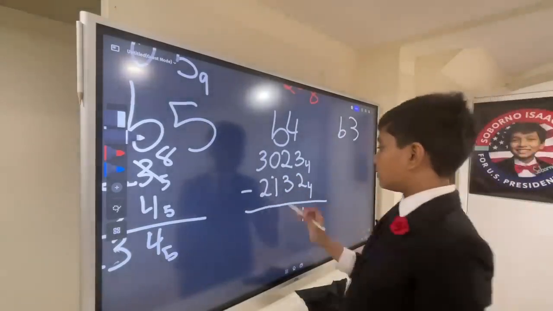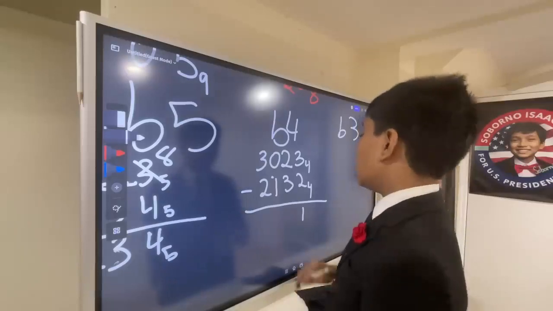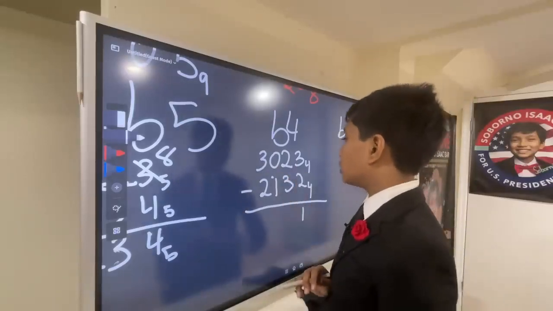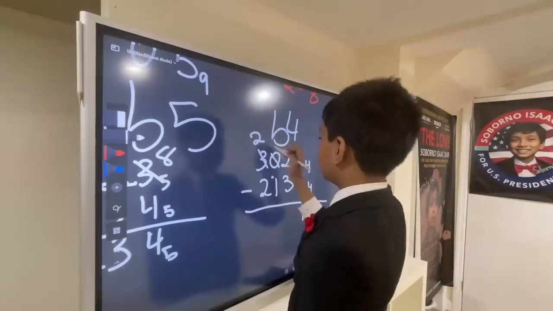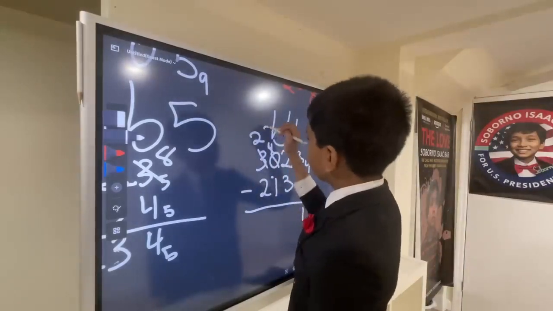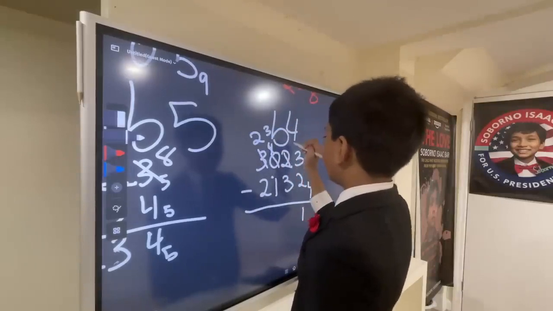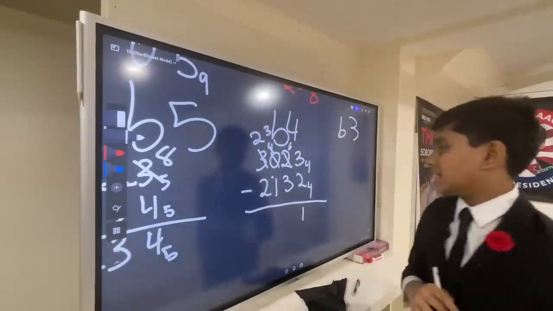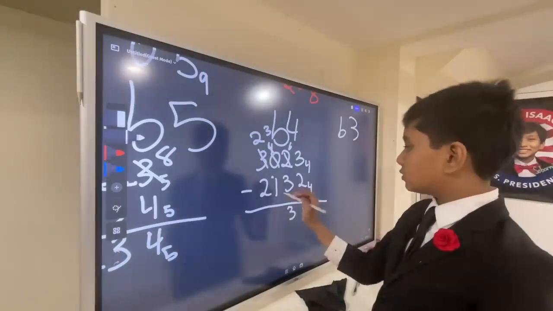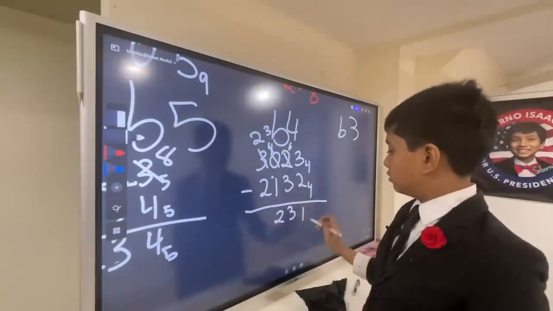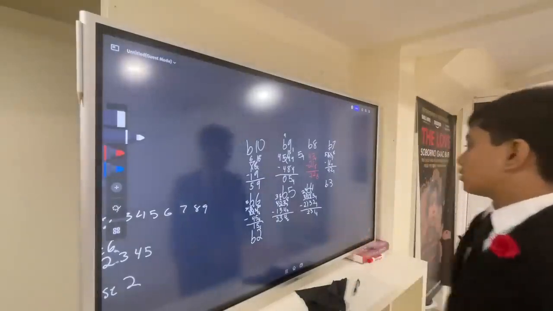Now, 2 minus 3 isn't going to work, but we can't borrow from the 0. So we're going to take this 3, subtract from it. This is going to become 4. Now, we subtract 1 from it to make it 3, and add 4 here, making it 6. 6 minus 3 is 3. 3 minus 1 is 2, and 2 minus 2 is 0. 231 base 4.